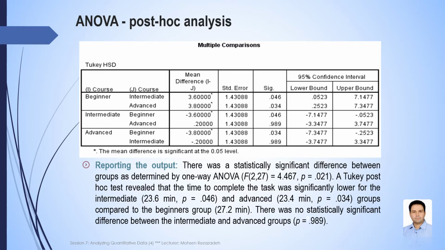A Tukey post hoc test revealed that the time to complete the task was significantly lower for the intermediate and advanced groups compared to the beginners group. There was no statistically significant difference between the intermediate and advanced groups. This is how you are supposed to report the results you obtain in a Tukey test table like this.